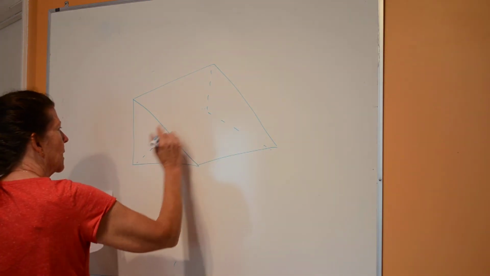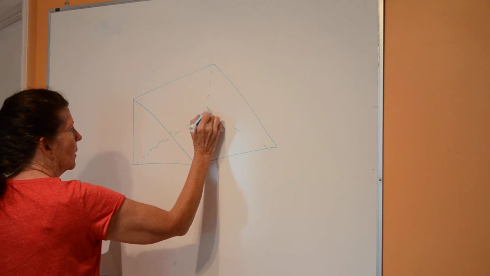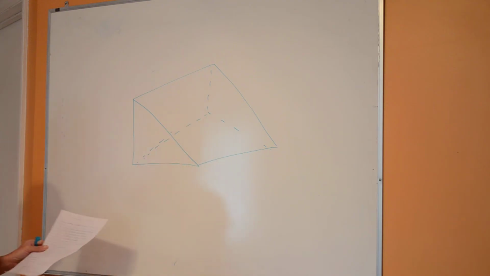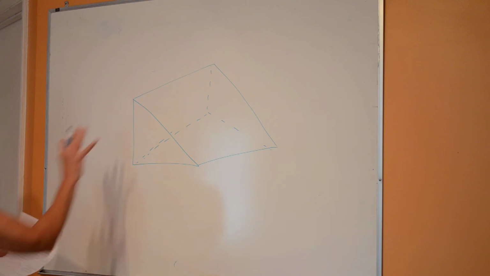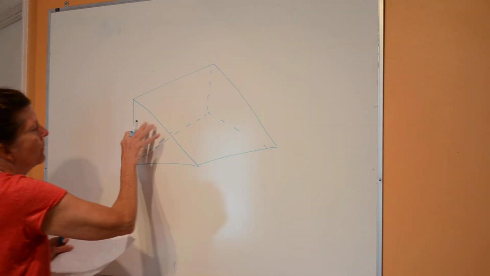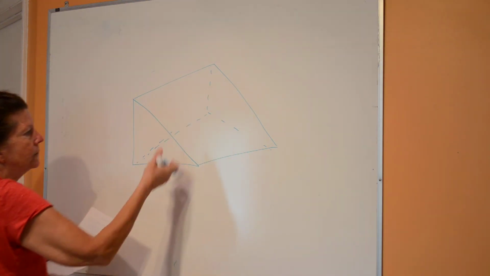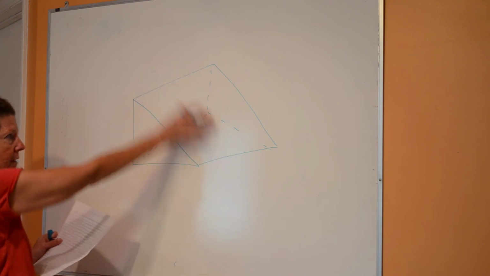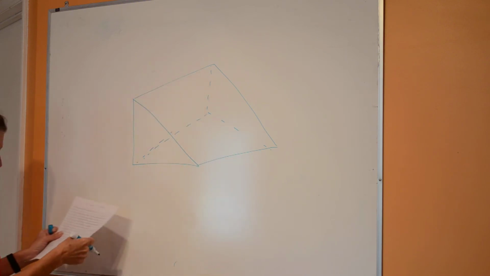Let's see if we can make that better. Okay, so you see you have a triangular prism. You have a front and back triangle. You have a bottom, you have this top side, and then you have the back side.